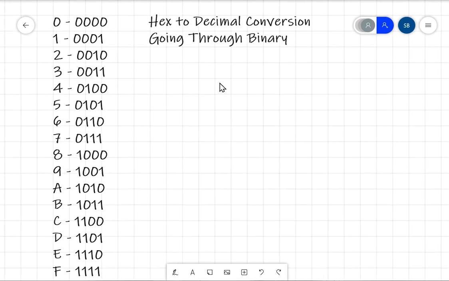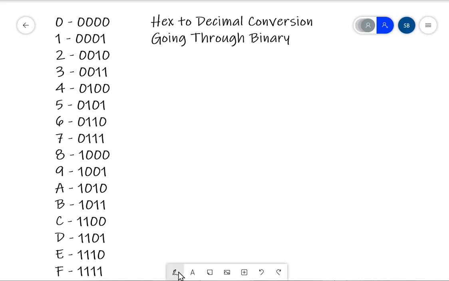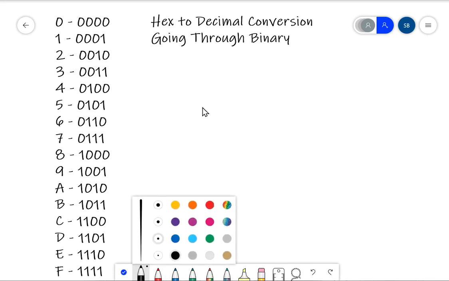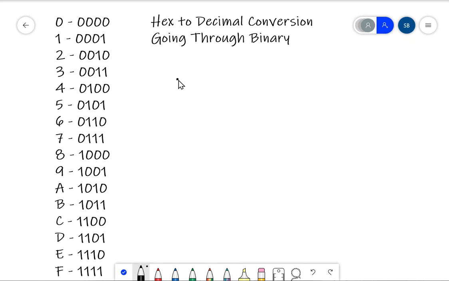So let's pick a hex number as an example to start. In this case, let's do 13F in hex. Sometimes some of the examples I pick, I'm not really happy. They might be a little bit harder, but a lot of times I pick them to prove a point.